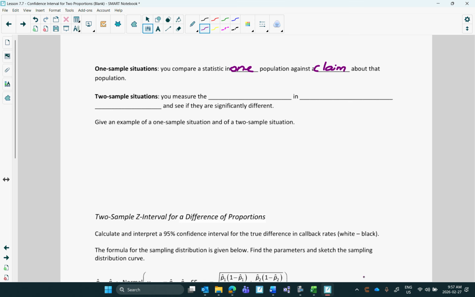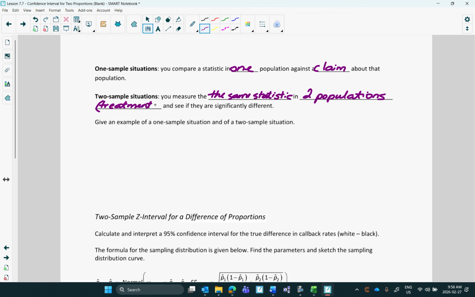But in a two sample situation, you measure the same statistic in two populations or treatments.